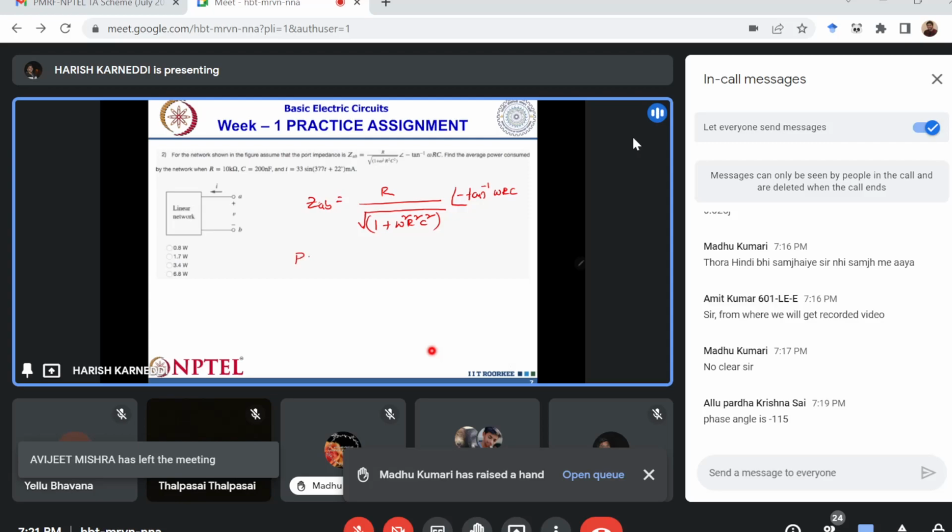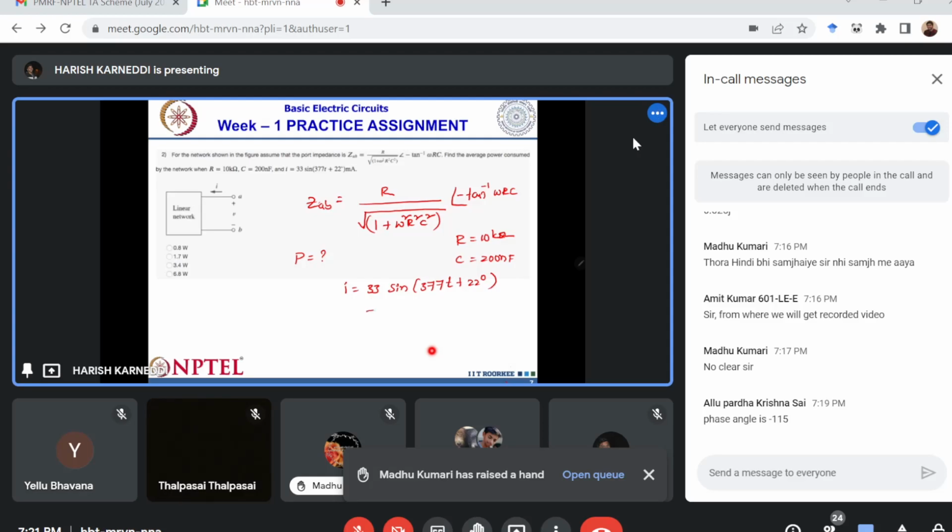He asked the average power consumed by the network, where R equals 10 kilo ohm, C equals 200 nanofarad, and I equals 33 sine of 377t plus 22 degrees. How will it be?